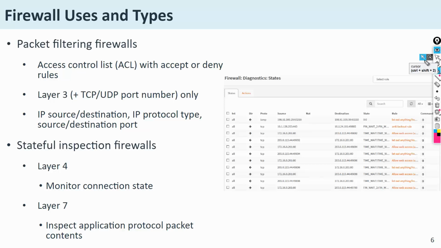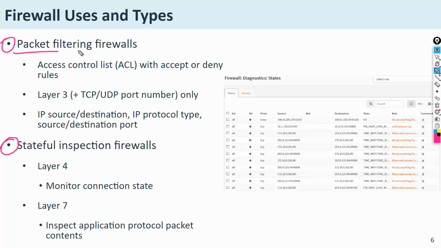It has two options, or some type of configuration where two types of firewall are used. Generally one is a packet filtering firewall, another is a stateful inspection firewall.